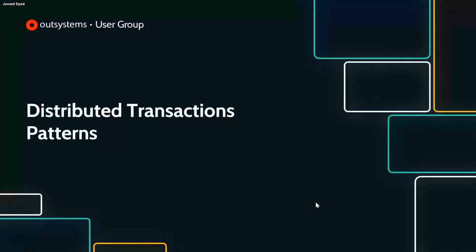Now, distributed transaction patterns. This is a situation where we have service actions introduced in between, and there are situations where we have to take care of those transactions. If you remember, when I'm performing a series of database operations within a server action, they are all running in one single transaction, right?